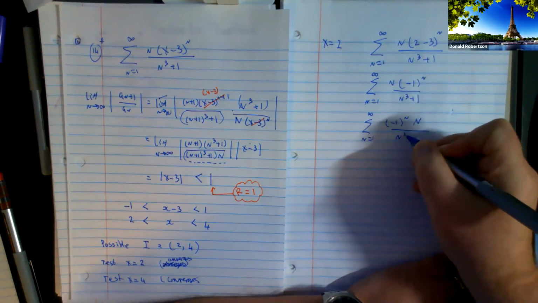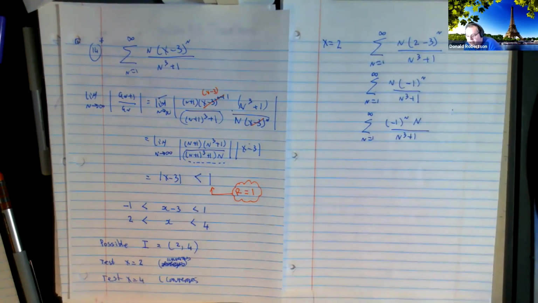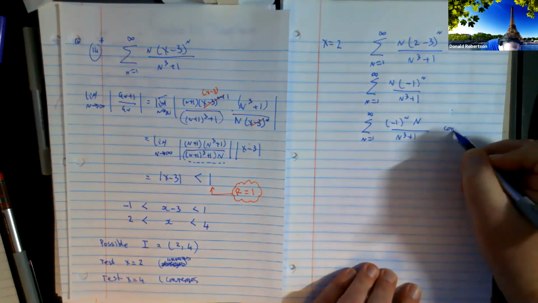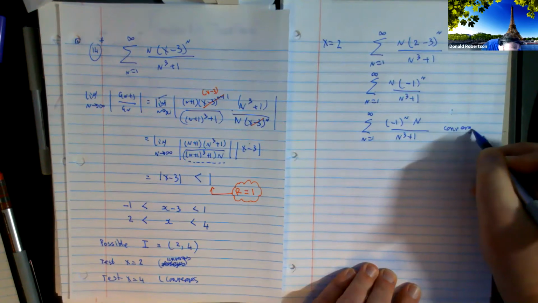There we go. You get that guy. Do you recognize an alternating series? Can you look at that and tell it's going to have a limit of 0? And can you trust me it's decreasing? And so 5 more minutes of work, it converges.